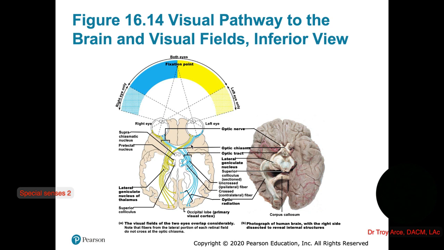And there's a fixation point. You'll be getting into some neuro testing with the use of objects where you have the patient follow your finger or follow a pen light, and you can determine if there's any nerve damage to the oculomotor, the trochlear, the abducens, to the different nerves that control the eyeball and the eye muscles.